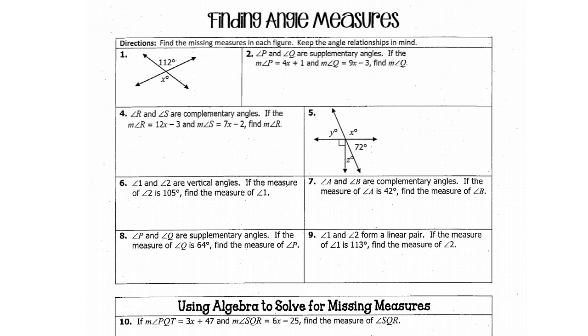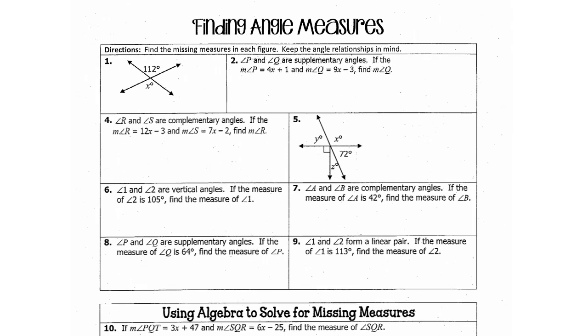So these practice problems are for homework, and we're just going to go over a few of them together. So we're going to do number 2 together. It says angle P and angle Q are supplementary. And I'm just going to draw a quick picture just this one time. So we have angle Q, whose measure is 9x minus 3, and angle P, whose measure is 4x plus 3.